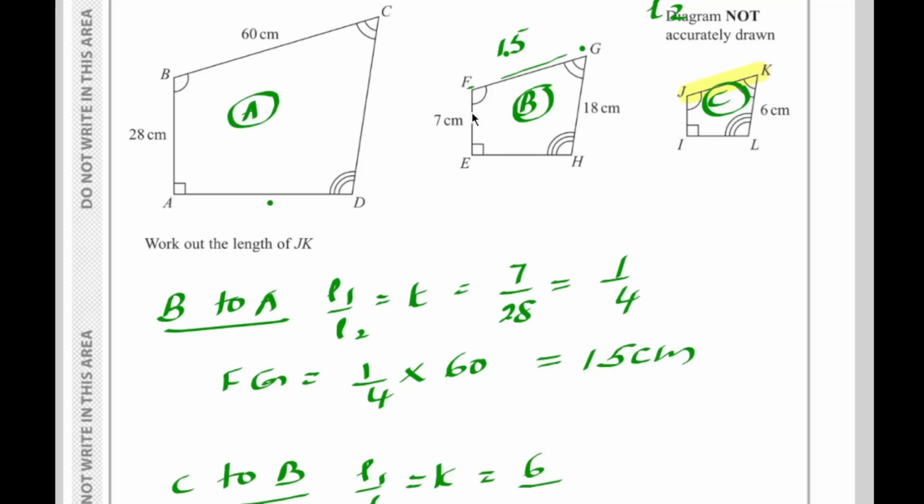L2, which is the corresponding length for this one from this figure, which is 18, equals 1 over 3. So again, how do we pick the corresponding length? You can easily get it as the length which is in front of the 90 degree here. Or at a glance, it is the same as this one. So we have the scale factor.